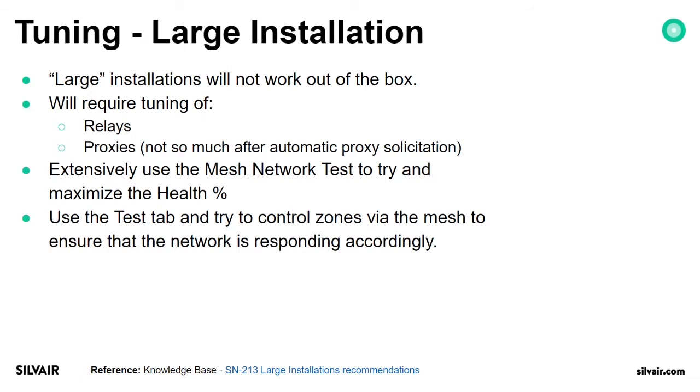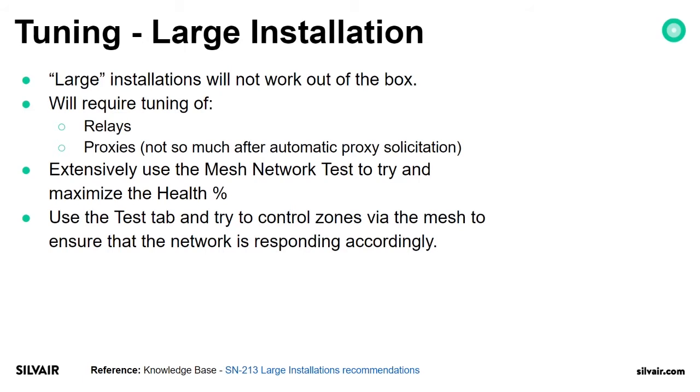Large installations will not work out of the box, especially if it's an outdoor installation. Probably it will always require tuning of relays, proxies, not so much after automatic proxy solicitation. So the advice is to extensively use the mesh network test to try and maximize the health percentage of the mesh network.